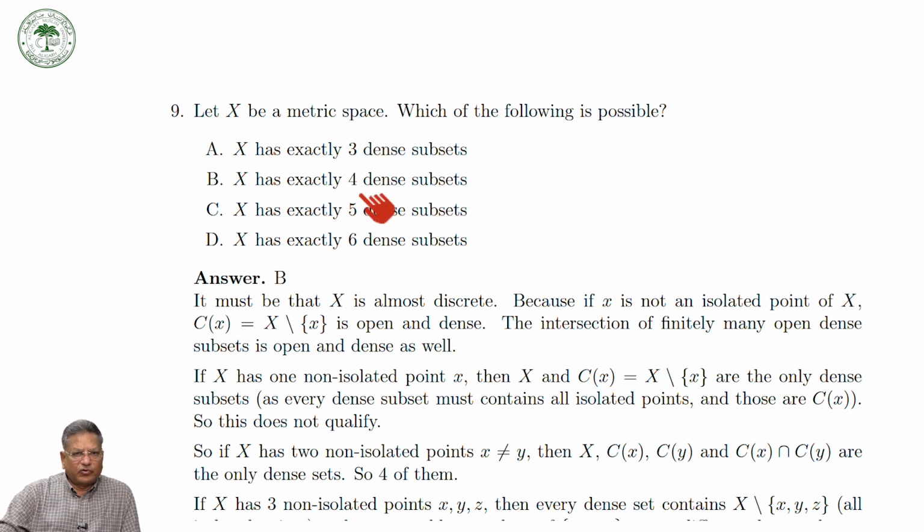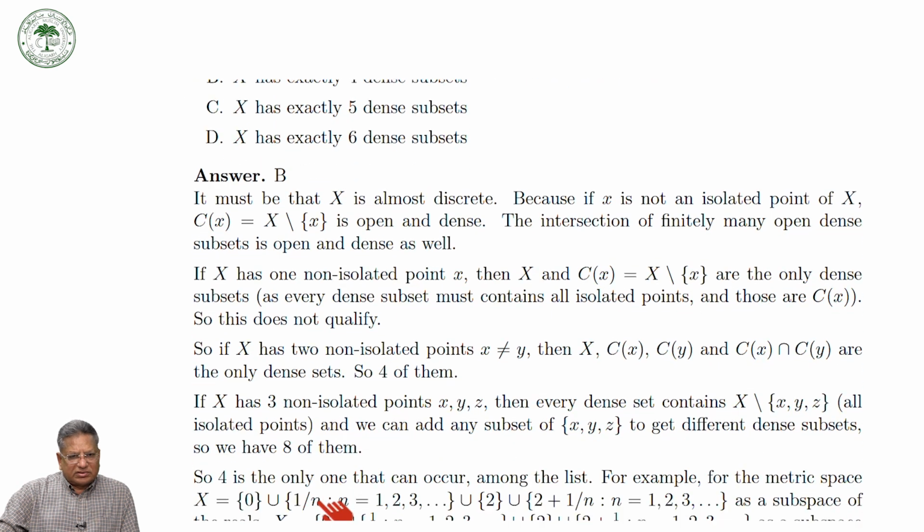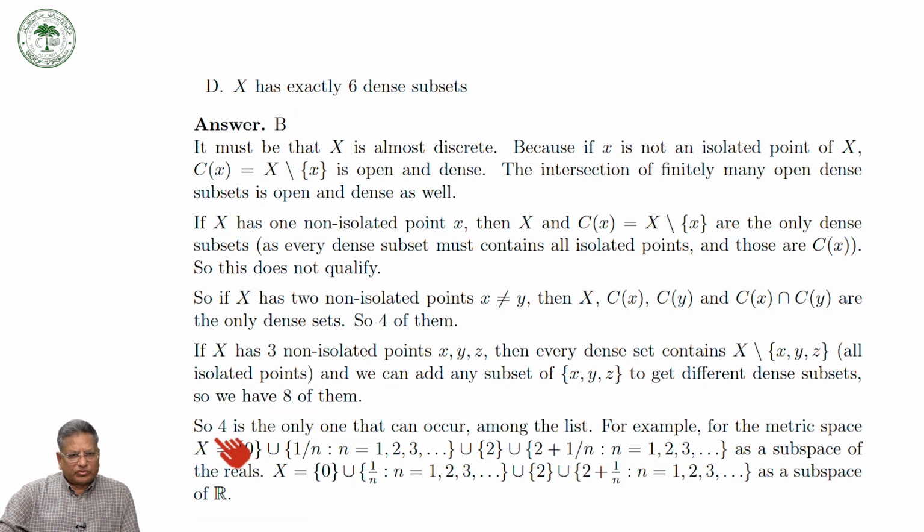It has 3, 4, 5, 6. We are not saying 2 or 1 or 7 or 8. We are just discussing whether a metric space has 3, 4, 5 or 6 dense subsets. And then you will realize that the answer is 4. So 4 is the only one that can occur among the list.